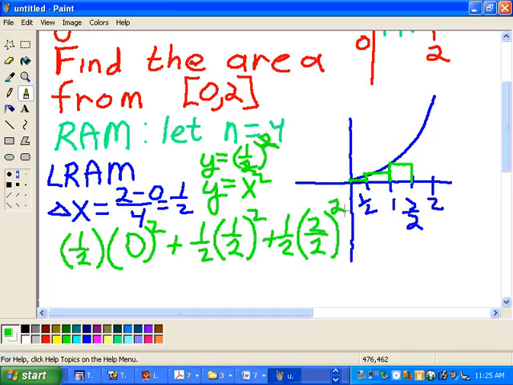So would you notice that my pattern is this was a 0, this was a 1, this was a 2. This next rectangle would be right here. That would extend out to the 2. I do not go out to the number 2 because that would start a rectangle that's outside of my area.